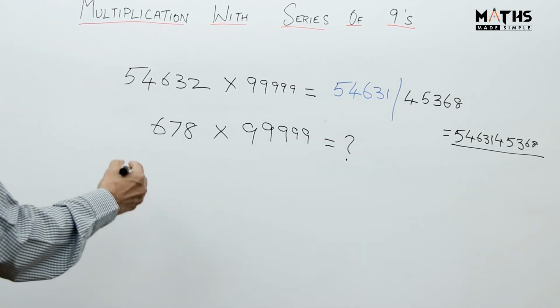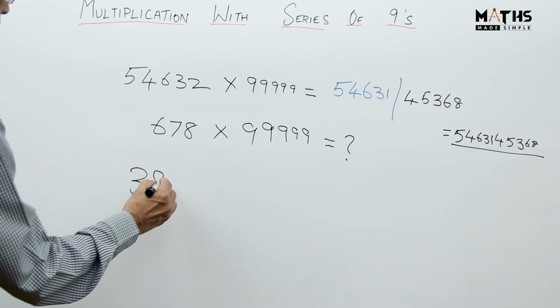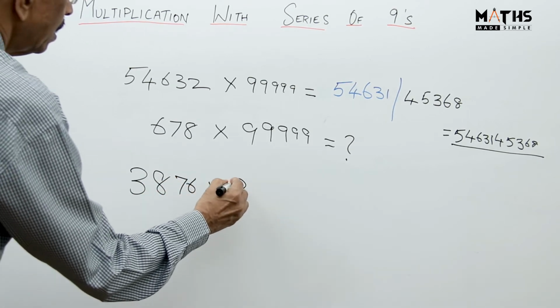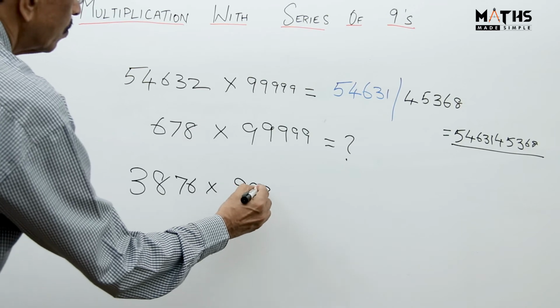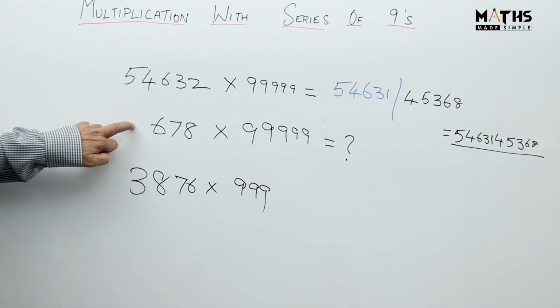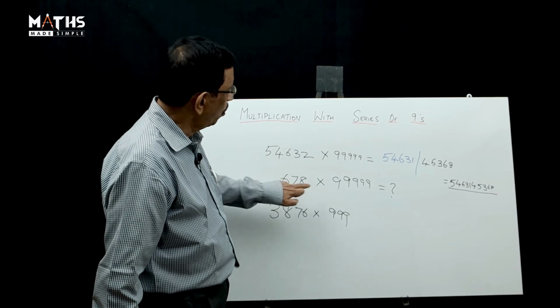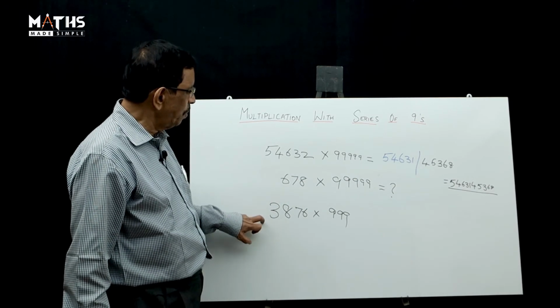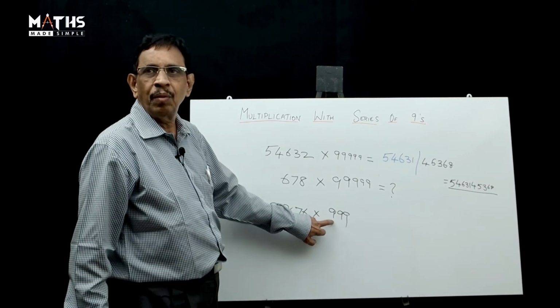The other one is 3876 multiplied by 999. In the first case, the multiplicand is lower than the multiplier. In the second case, the multiplicand is bigger than the multiplier.